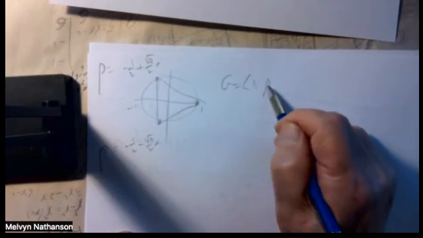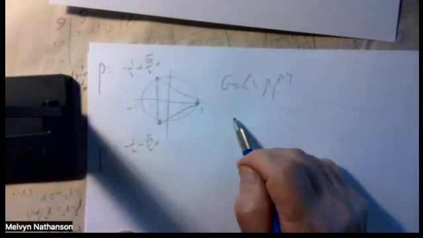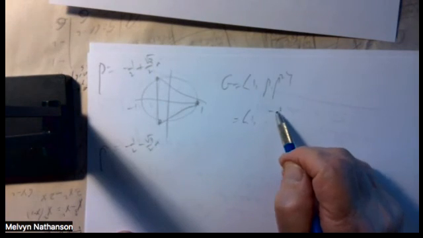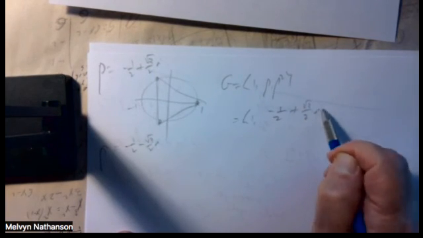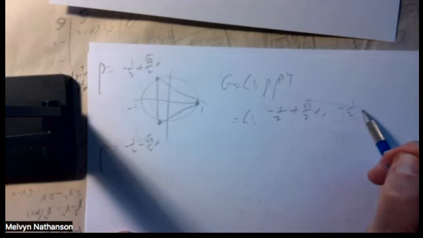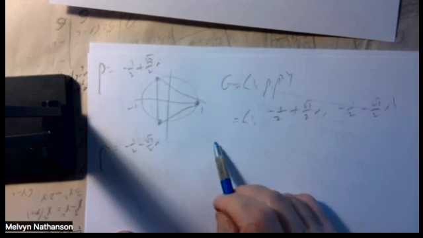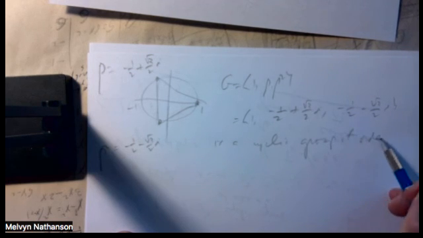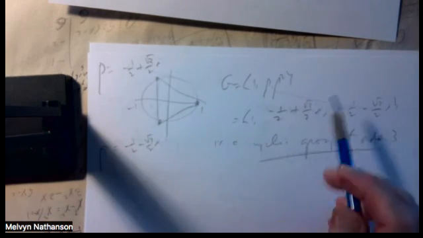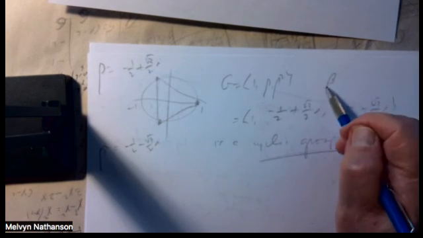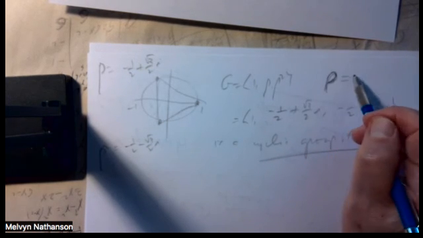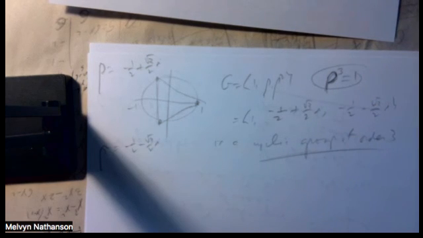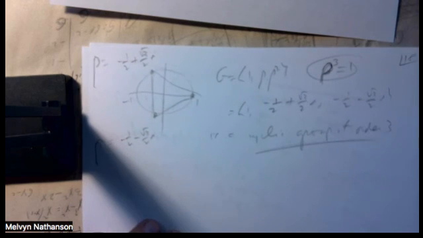And if I take G to be 1, rho and rho squared, these three complex numbers, this is a cyclic group of order 3. Because rho cubed, if you just take rho and cube it, rho cubed is right there. Any questions about this?